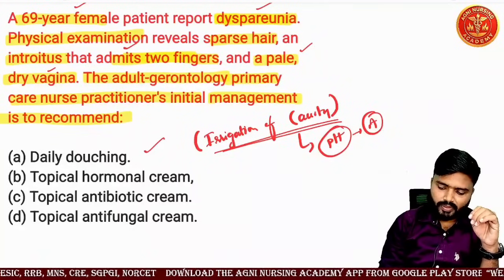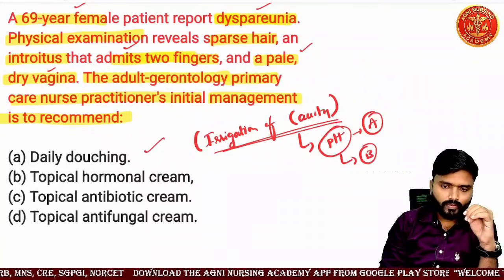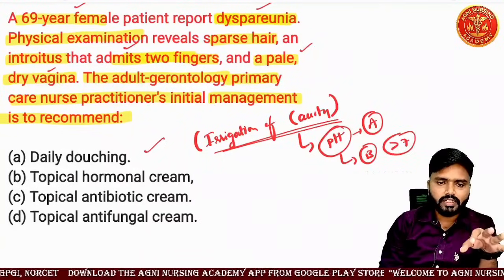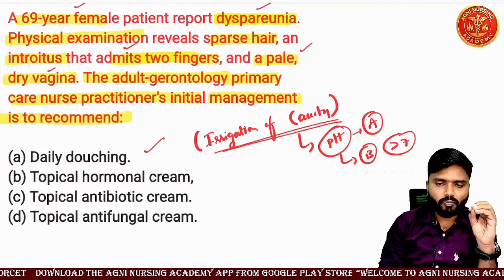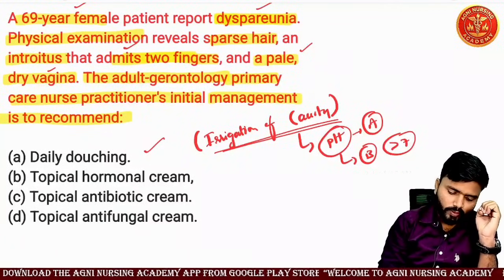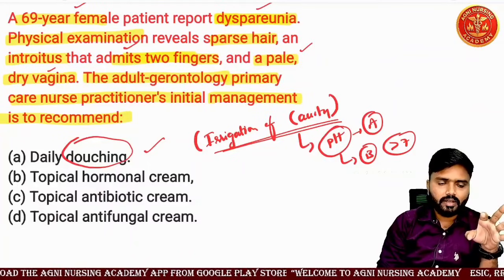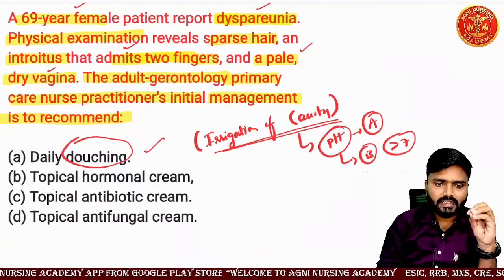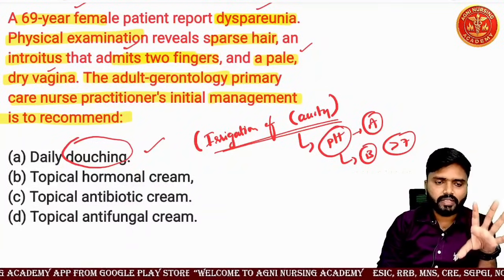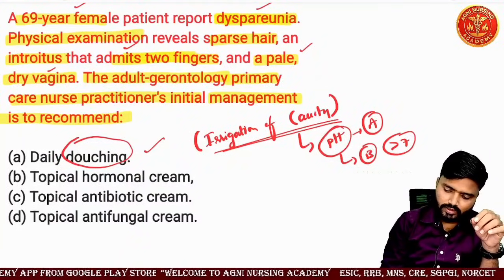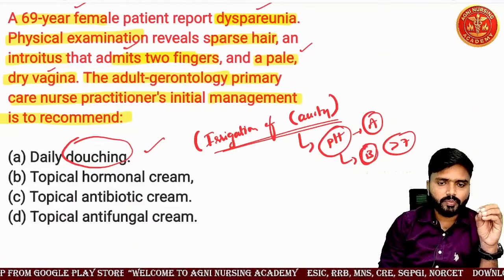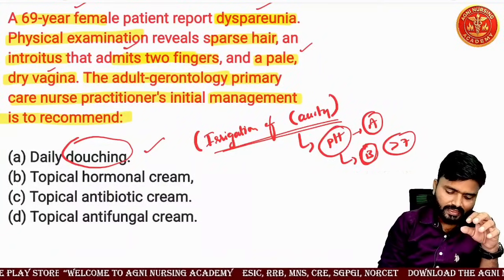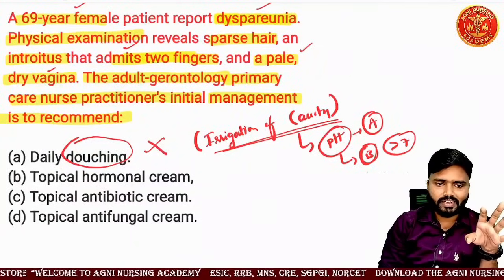If the pH goes basic, more than 7, it leads to an increased risk of infection. By douching, the pH of the uterine cavity is altered and becomes basic in nature. If it becomes basic, the infection risk is more, so daily douching is not recommended in females.